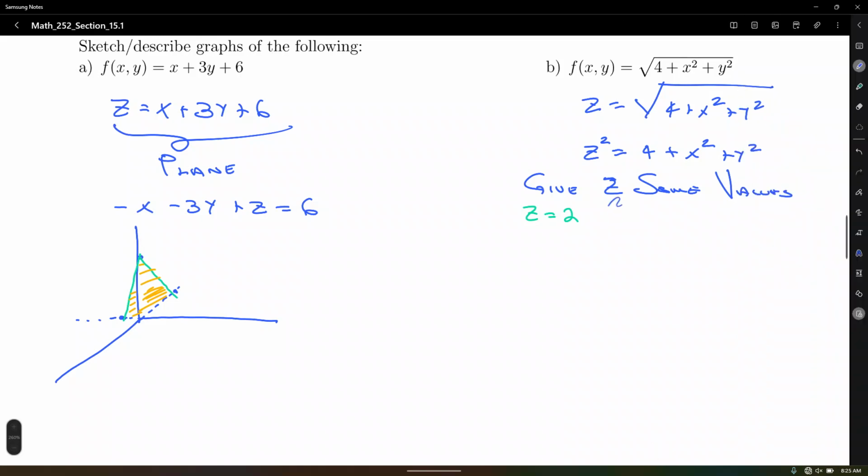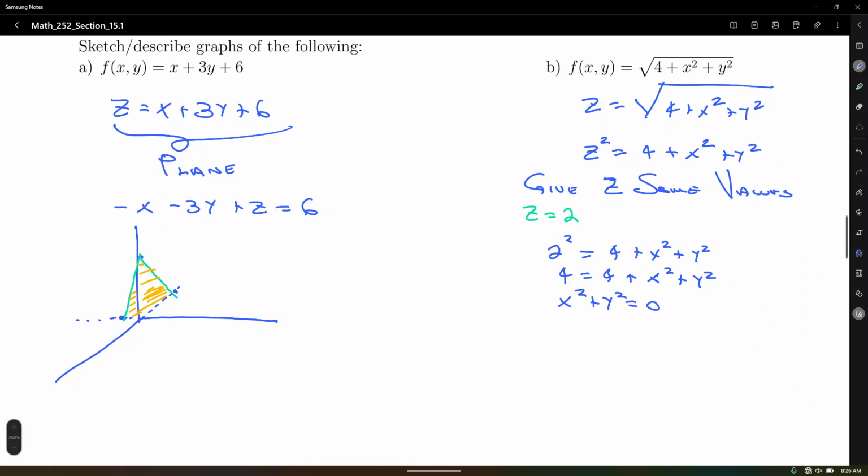So for z equals 2, I'm going to replace: 2 squared equals 4 plus x squared plus y squared. So that is 4 equals 4 plus x squared plus y squared. That's going to give us x squared plus y squared equals 0.